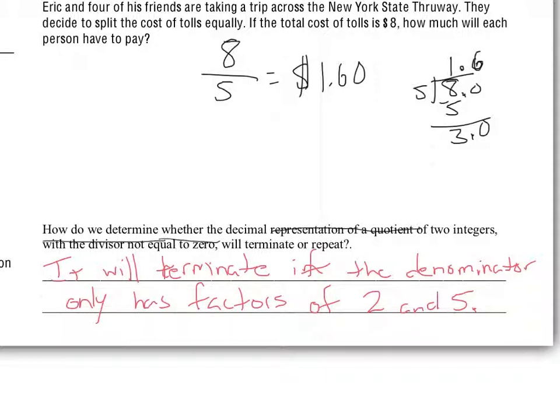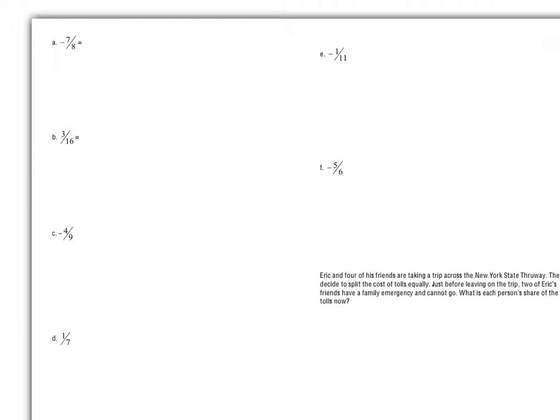Alright, let's move on to our partner workspace. Okay, in our partner workspace, you're just charged with identifying and finding the correct decimal representation for each of these numbers. You should be able to identify immediately whether or not it is terminating or repeating. So for the first one, I recognize that it has a denominator of 8.